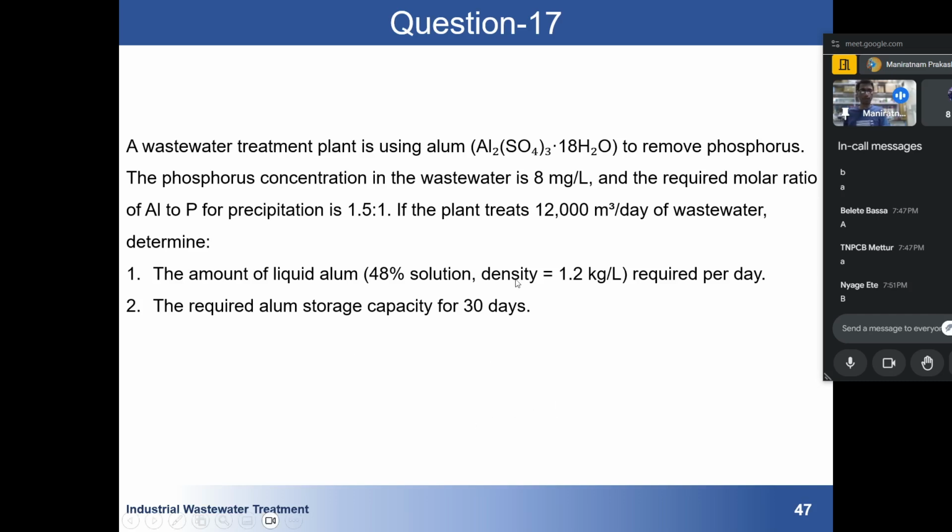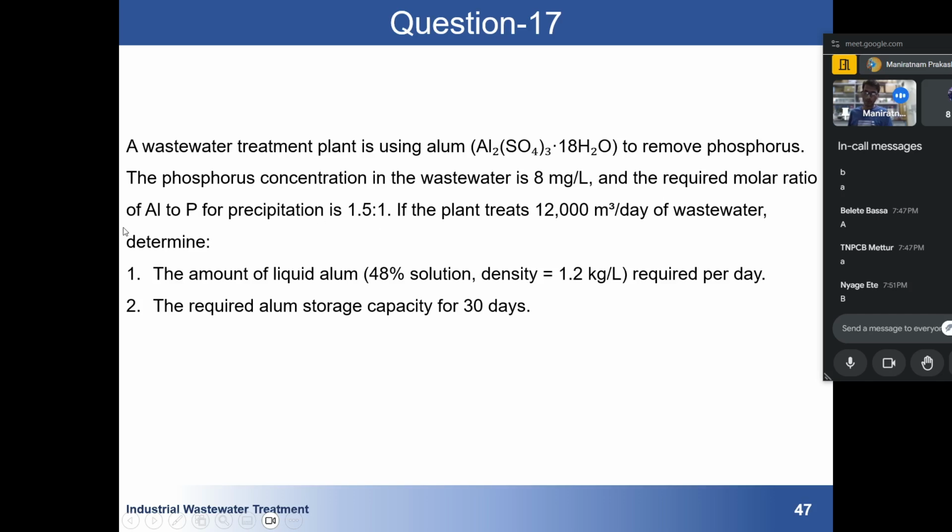There is one numerical question. A wastewater treatment plant is using alum, that is Al2(SO4)3, to remove phosphorus. The phosphorus concentration in wastewater is 8 milligram per liter, and the required molar ratio of Al to P for precipitation is 1.5 to 1.